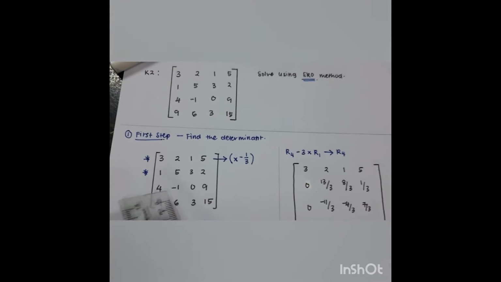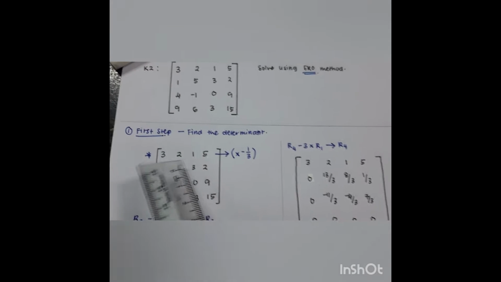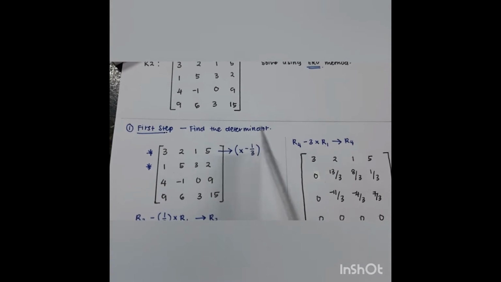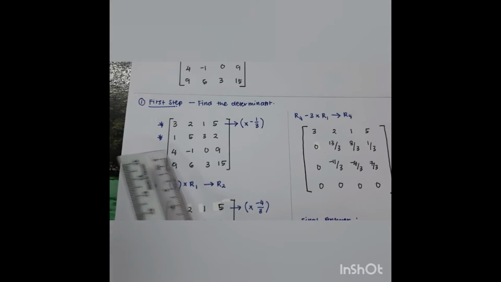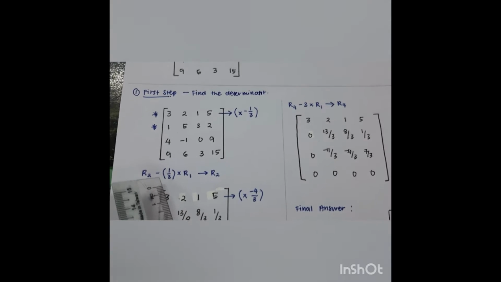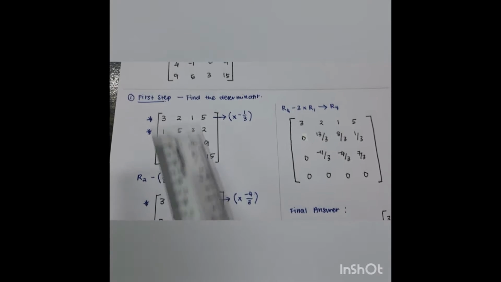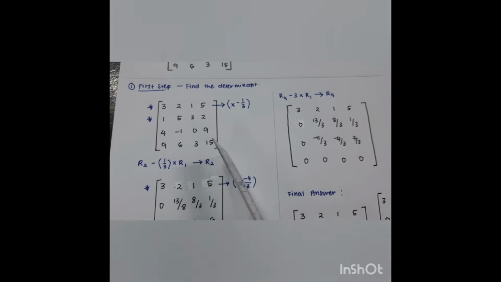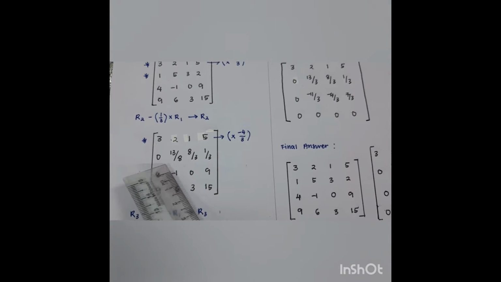So we take the first row times 1/3. Then we take the second row: the second row minus 1/3 times the first row, and the answer we put in the second row.